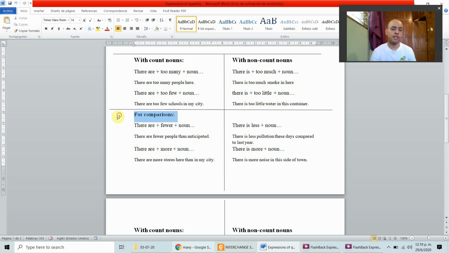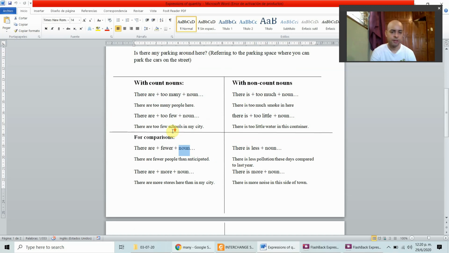So let's take a look at other expressions. For comparisons, there are fewer, we have seen this in the comparative lesson in the last book. There are fewer plus noun for countable nouns, and there is less plus noun for non-count nouns.